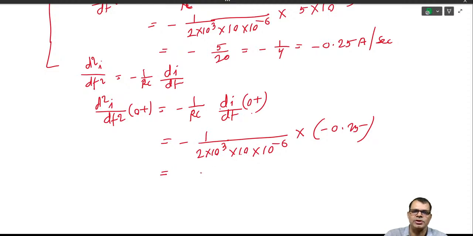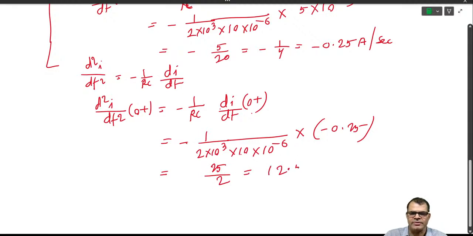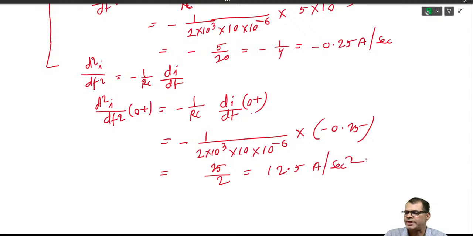In the top it goes 100, so minus minus positive, so 25 upon 2, which is equal to 12.5 amperes per second square. Clear?